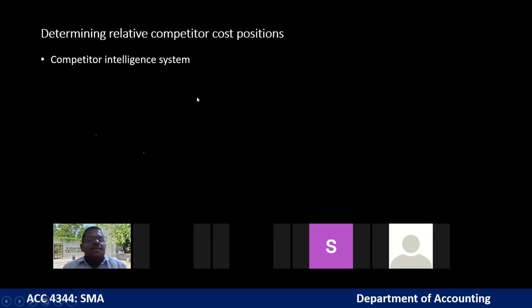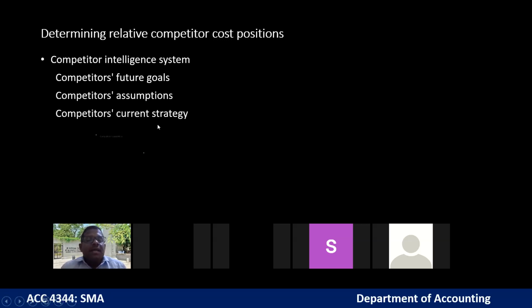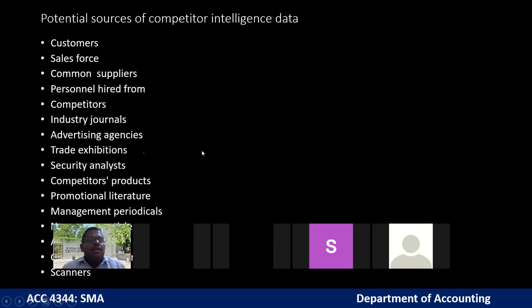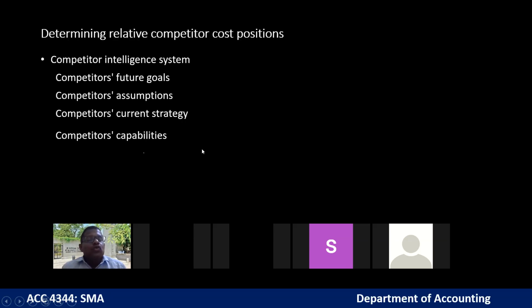Determine relative competitor cost position. Relative competitor cost position needs a competitor intelligence system: competitors' future goals, competitors' assumptions, competitors' current strategy, competitors' capability, etc. So you should know the competitor cost position. Otherwise, it is difficult for you to survive and get the competitive advantage. What are the areas you have to focus on?